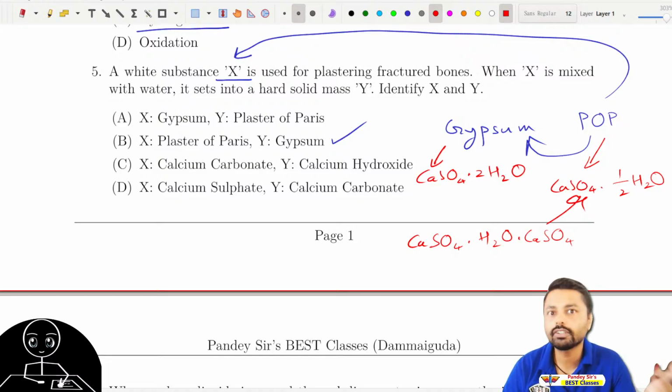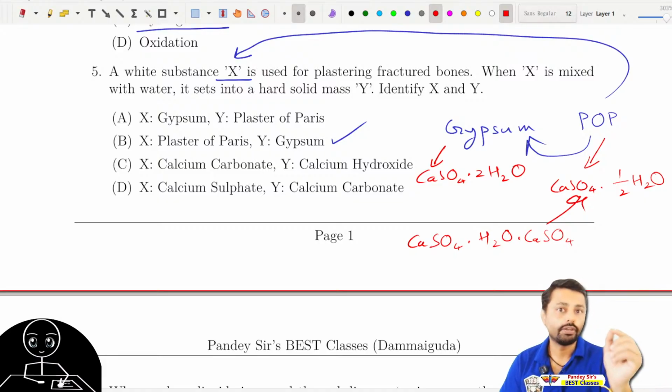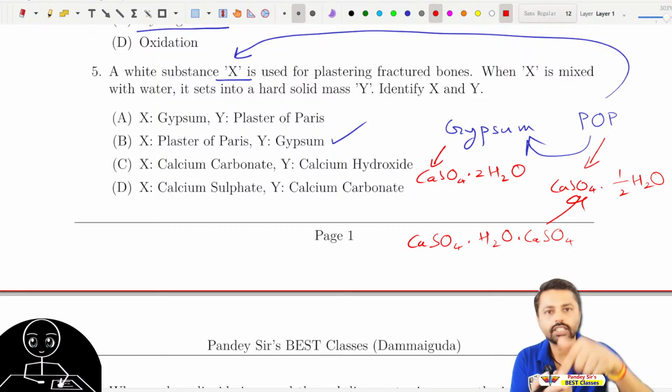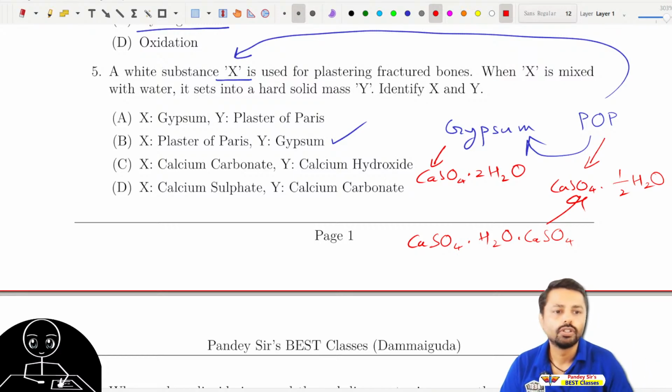They react with water. Like Fevikwik, the moment it attaches to something, it becomes solid. So likewise, sometimes water also changes the shape or it gets absorbed, like on rainy days, many things absorb the water.